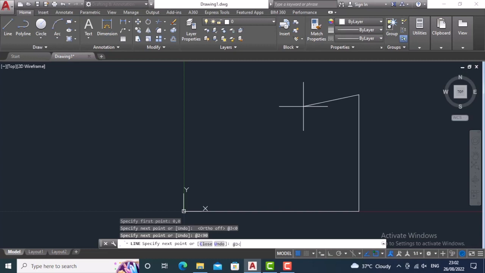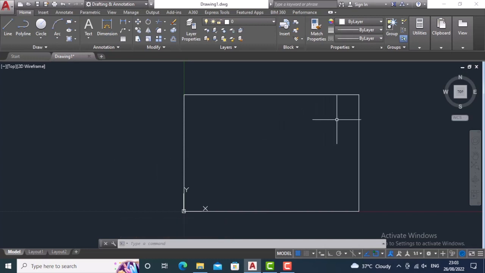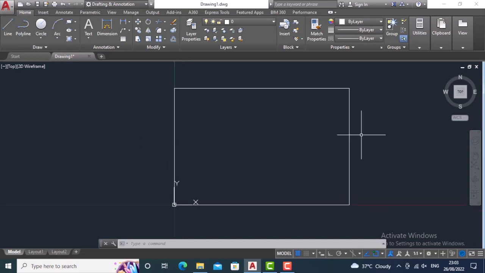Then we have @3 bracket 180. And the last one, we can either close it or we give it point @2. What do you guess? Yes, exactly, the degree will be 270. That's it. We drew that one by using relative polar coordinate.